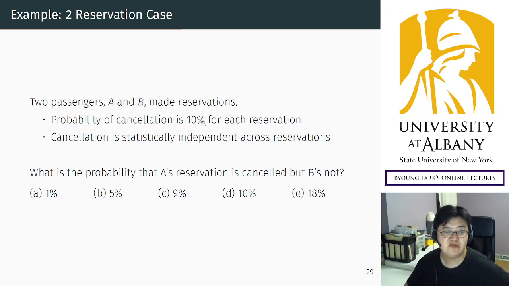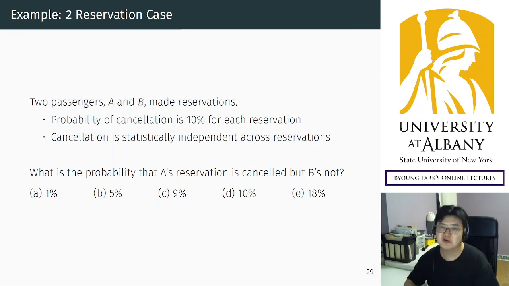So most of you may have thought the answer is 10%, but those guys usually miss this point. You have to consider this event. Something else happened other than cancel, even if it is not cancelled, but that is another occurring.